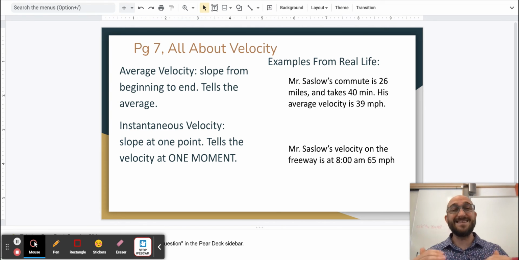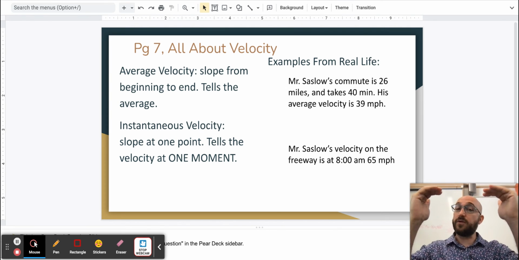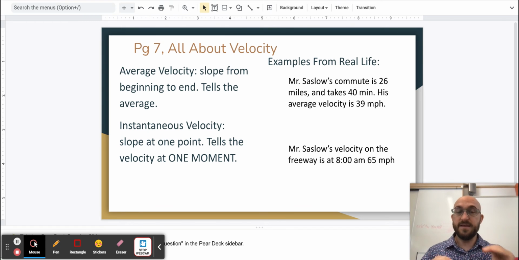That would be my instantaneous. 39 is my average. 65 is how fast I'm actually going at 8 o'clock. Sometimes I'm going faster than 39. Sometimes I'm going slower than 39. But the average is 39, even though at moments it's different.